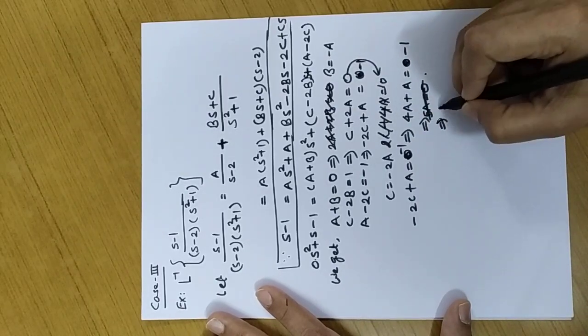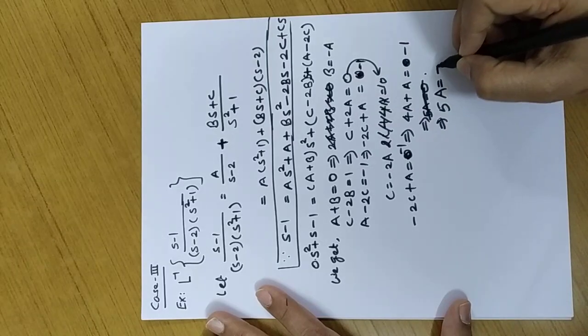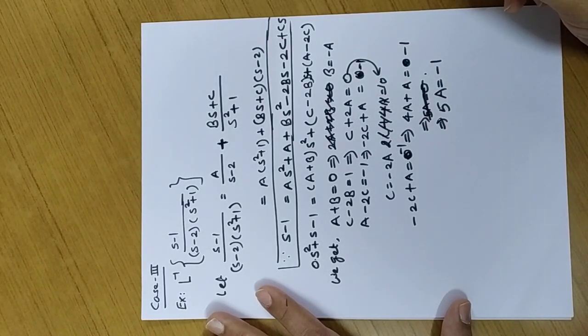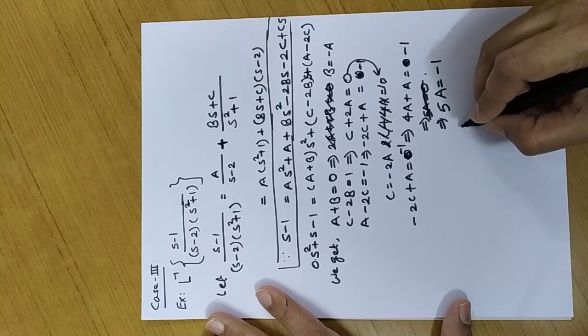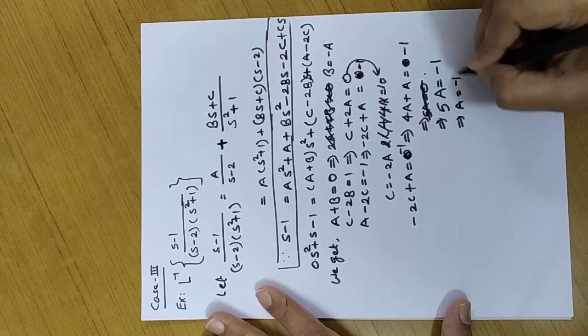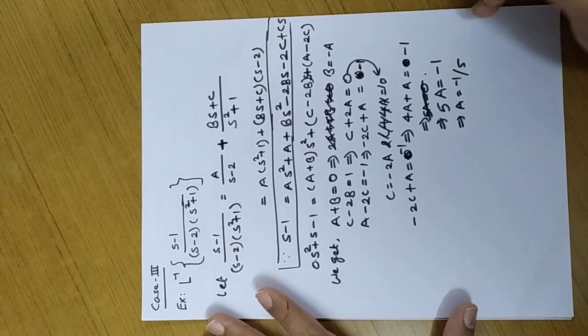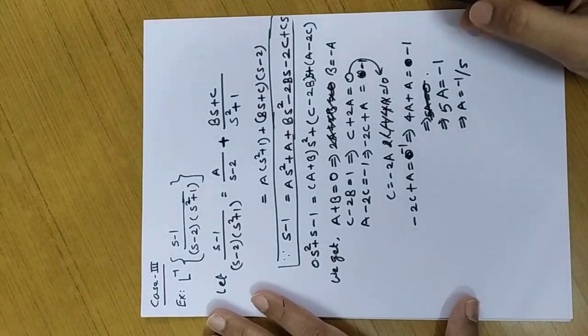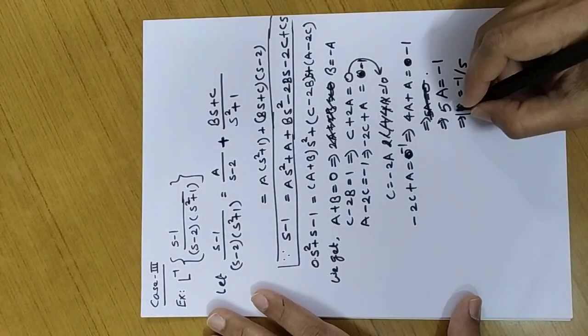So 5A is equal to minus 1. Now it is okay. Then A is equal to minus 1 by 5. Clear? So we are getting the value of A.